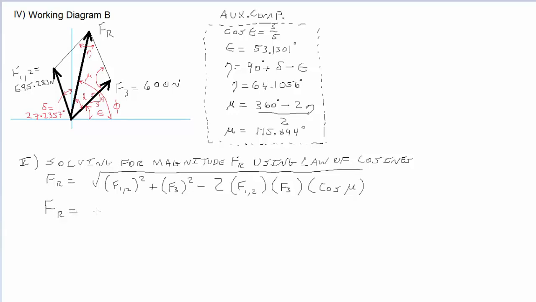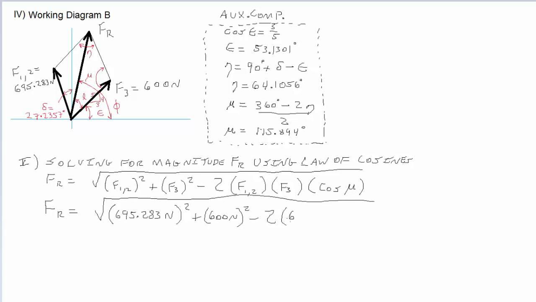So now that's our equation fully developed. FR equals the square root of F1,2 is 695.283 newtons squared plus 600 newtons squared minus 2 times 695.283 newtons times 600 newtons times the cosine of 115.894 degrees.